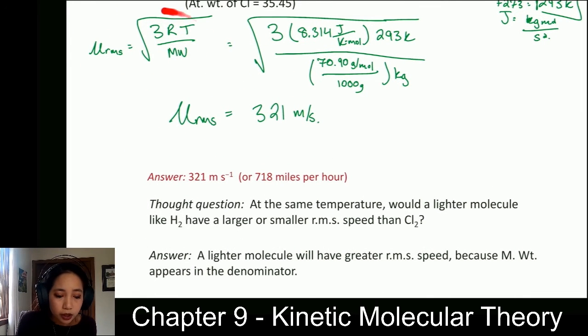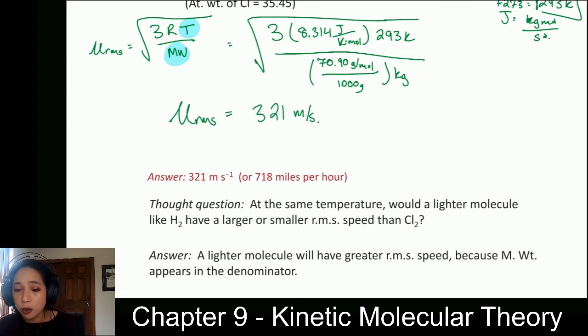If we look at this equation for the root mean squared velocity, which is related to kinetic energy, the values that we put in: 3 is just a value, R is a constant. So the numbers that we put in are temperature and molecular weight. I said at the same temperature, so obviously temperature in both of those calculations would be the same. I don't want you to actually calculate it. Let's just think about it.